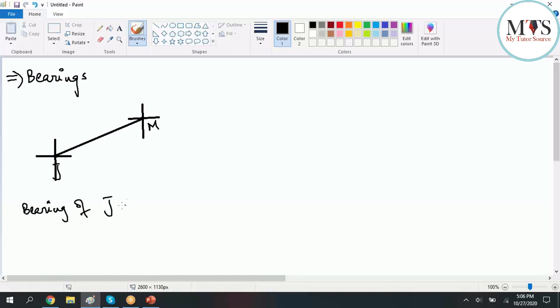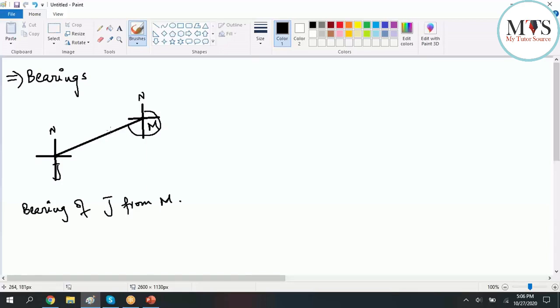Now coming to the angle, if they're asking you to find the bearing of J from M, what we do is we start from M and we stop at this point where the line appears. So this is the position of J from M. Starting from the north of M and going to the line, this is the bearing.